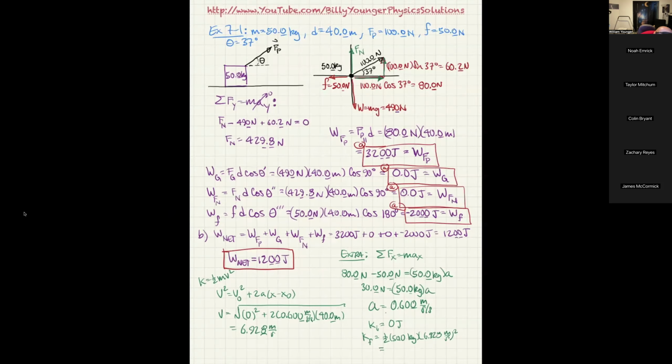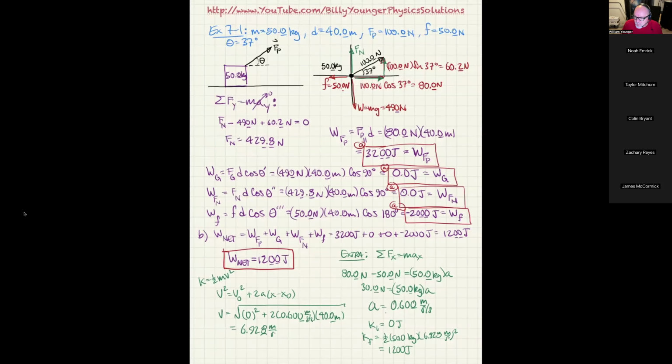And if I square this velocity times 50 times 0.5, I get, lo and behold, 1,200 joules.